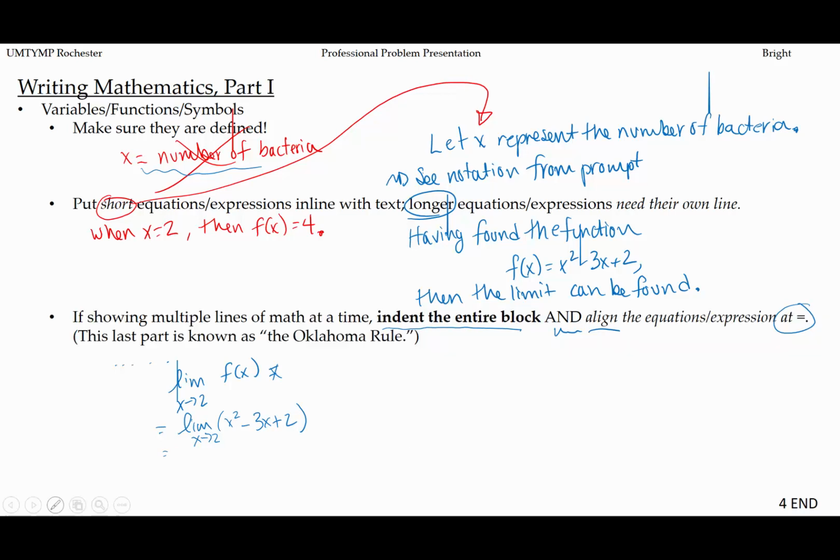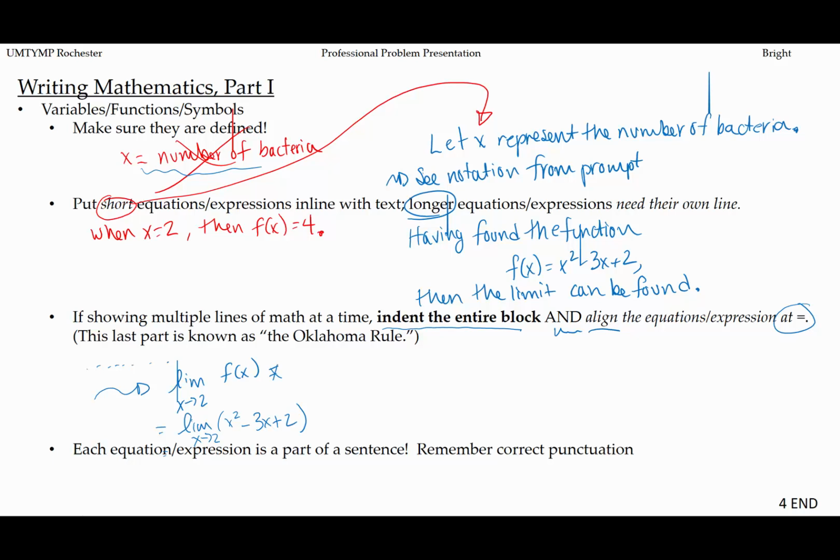I think that's going to run into my text that I have. So we'll show this in our example, but make sure that if you have multiple lines, you indent it from the entire text. See how I indented here, the text was up here, and then any subsequent lines I line up with the equal signs.